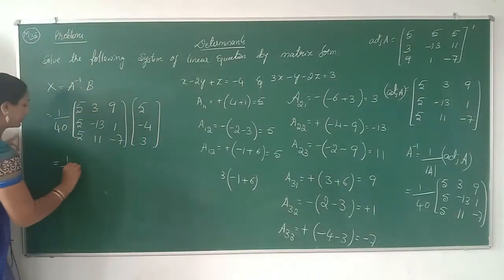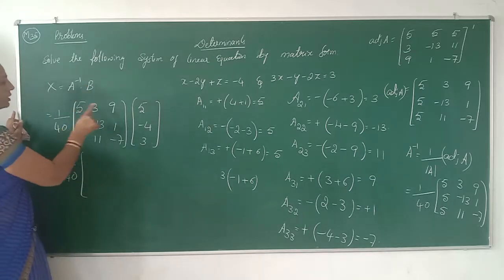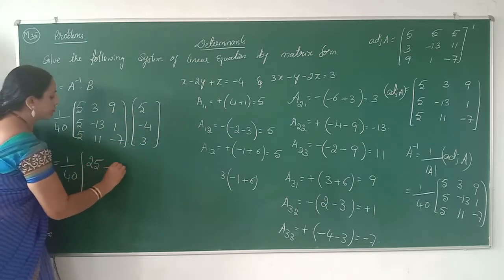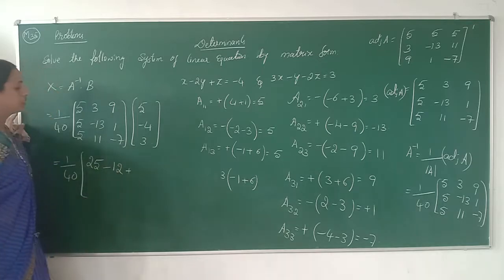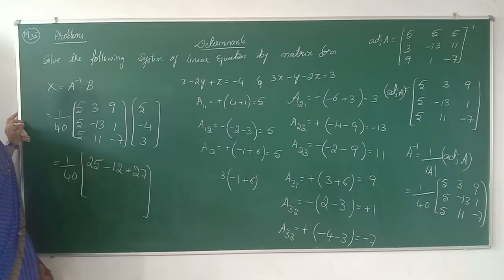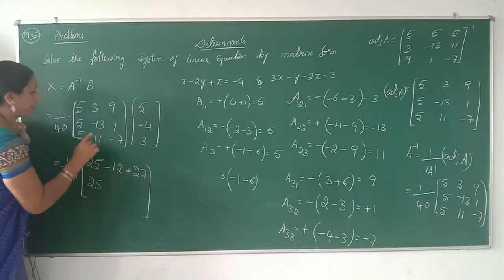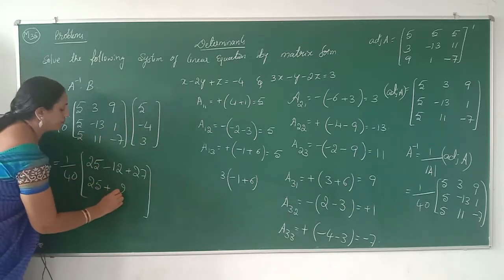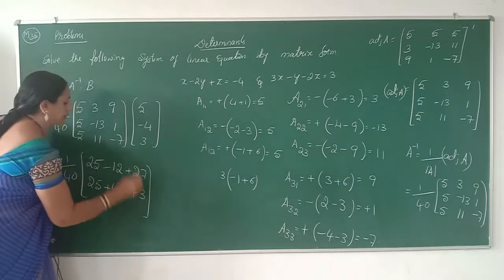So after then we will multiply 1 divided by 40 with elements of first row, first column. 5 into 5 is 25, plus into minus is minus, 5 into... 3 into 4 is 12, plus 9 into 3 is 27. Then elements of second row: 5 into 5, 25, minus into minus is plus, 13 into 4, plus 1 into 3.